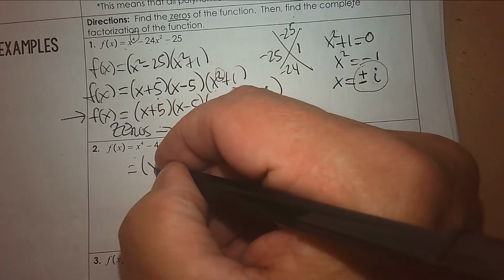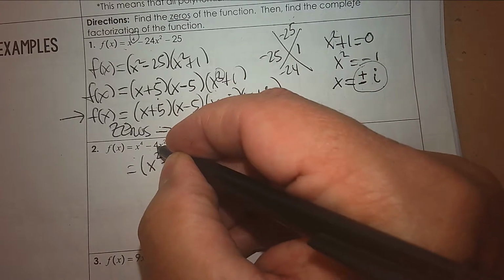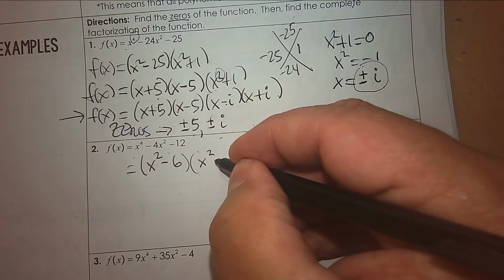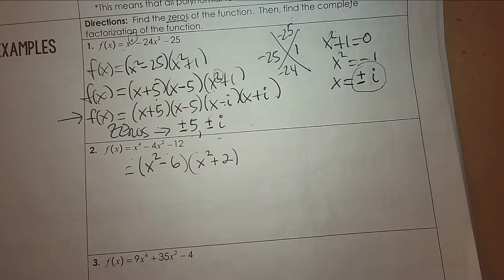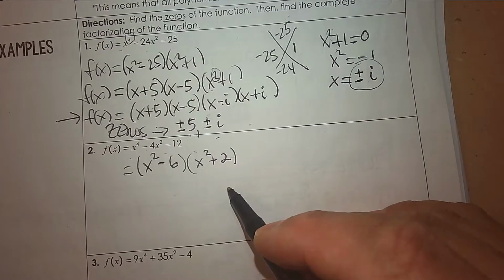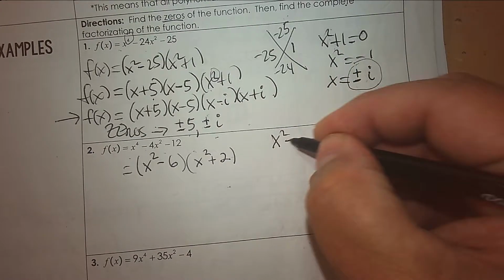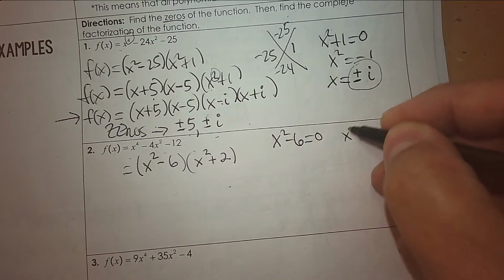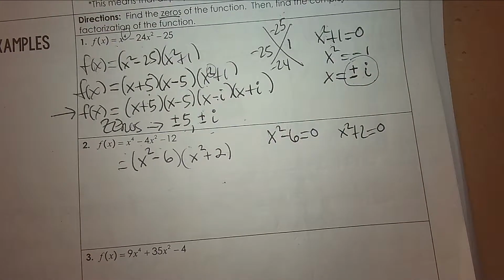And it matters now which one's going to be negative. Because the number is negative 4, the bigger number is going to be negative, right? So it's negative 6 and 2. Now, is this completely factored yet? We need to make sure they're all linear. So I'm going to take each quadratic factor, make it equal to 0 and solve it.